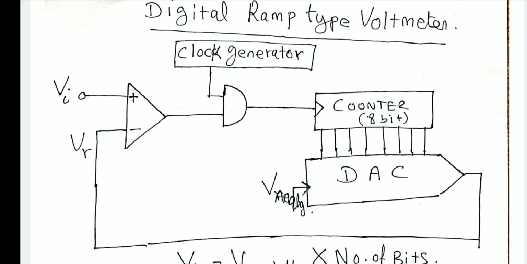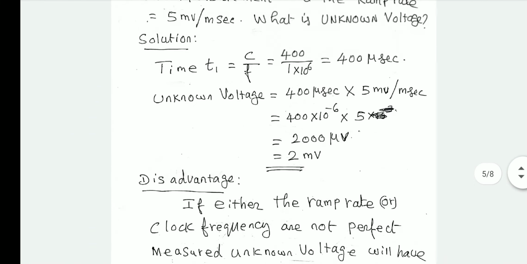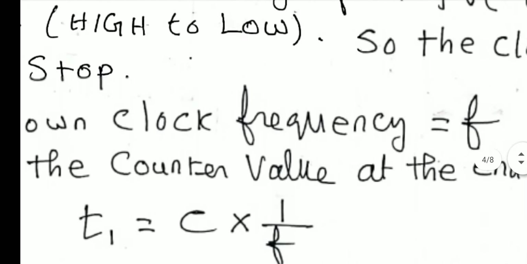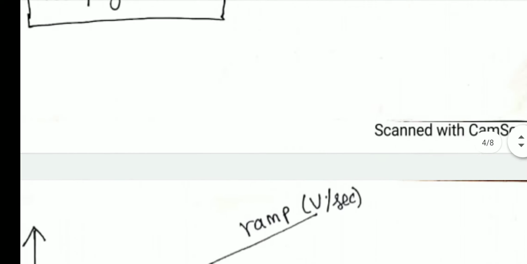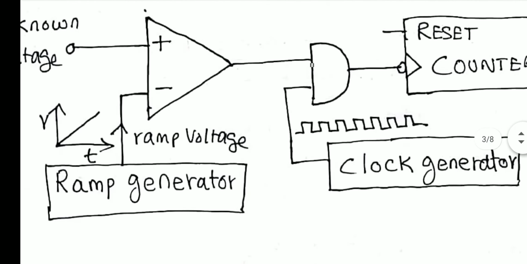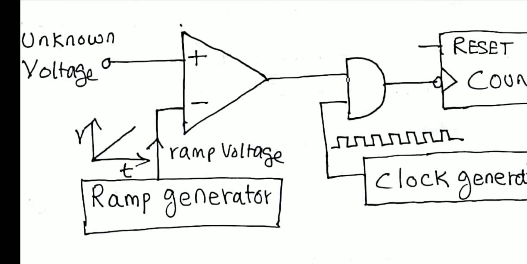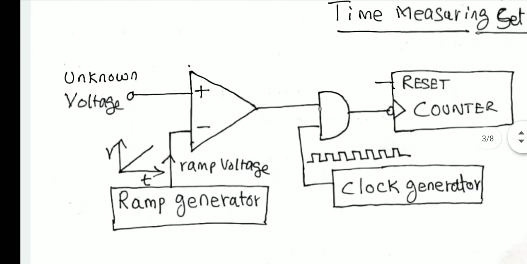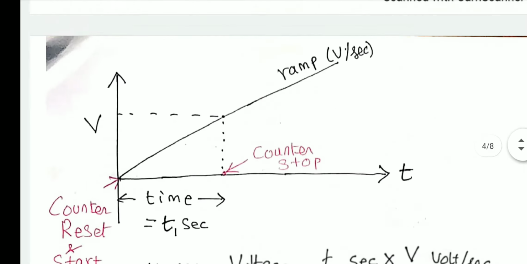In the previous circuit, the linear ramp type voltmeter, we compared the fixed unknown voltage with a variable voltage of known rate, slope, with respect to time. It's an open loop method.